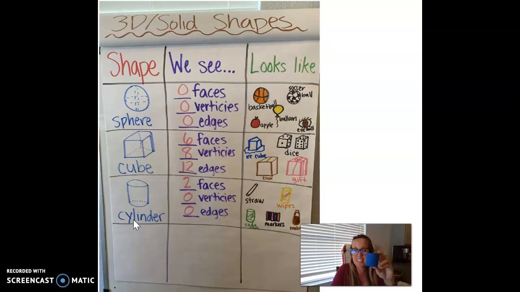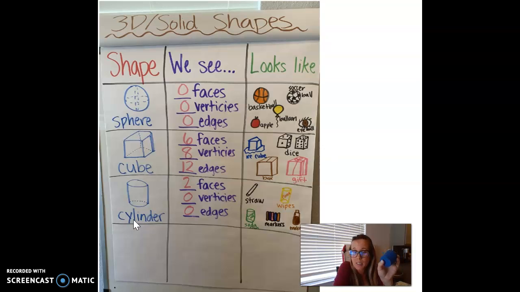So this is a cylinder, and we talked about it having how many faces? Remember, those are our flat sides. So a cylinder has 2 faces. 1, 2. Good. And our vertices, does it have any vertices? Are there any points? Nope, 0 vertices and 0 edges.